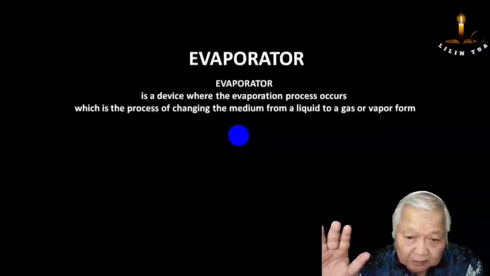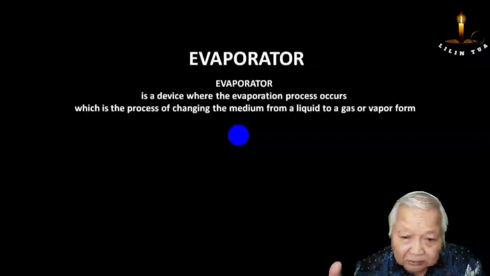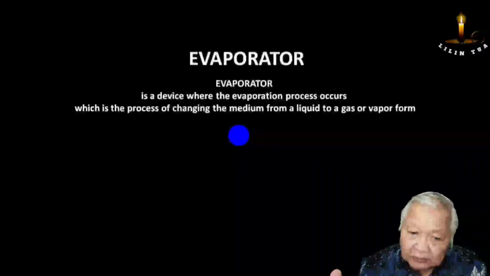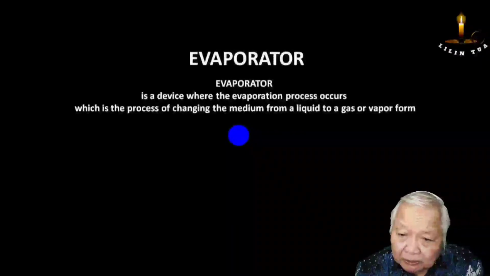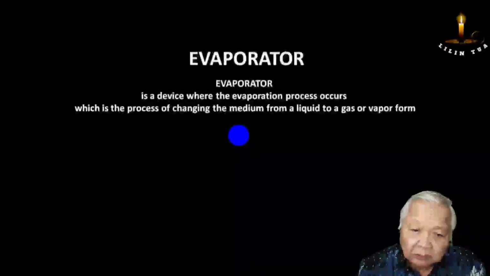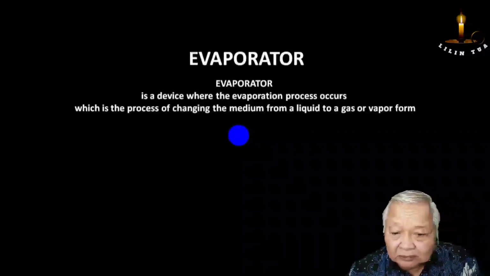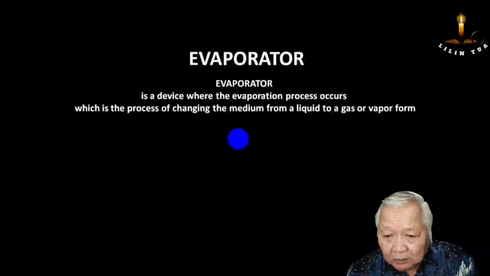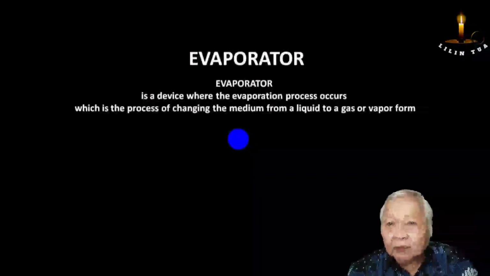So the evaporator is the device where the evaporation process occurs, which is a process of changing the medium from liquid to gas or vapor form.